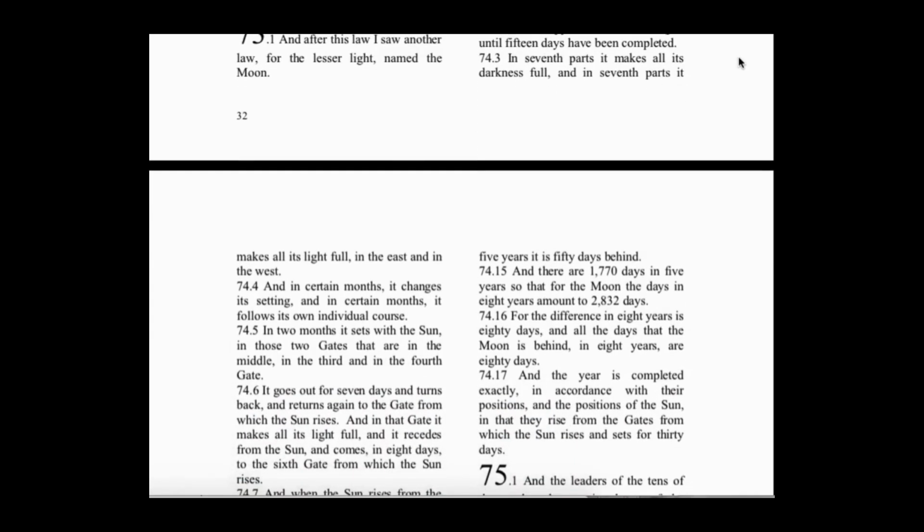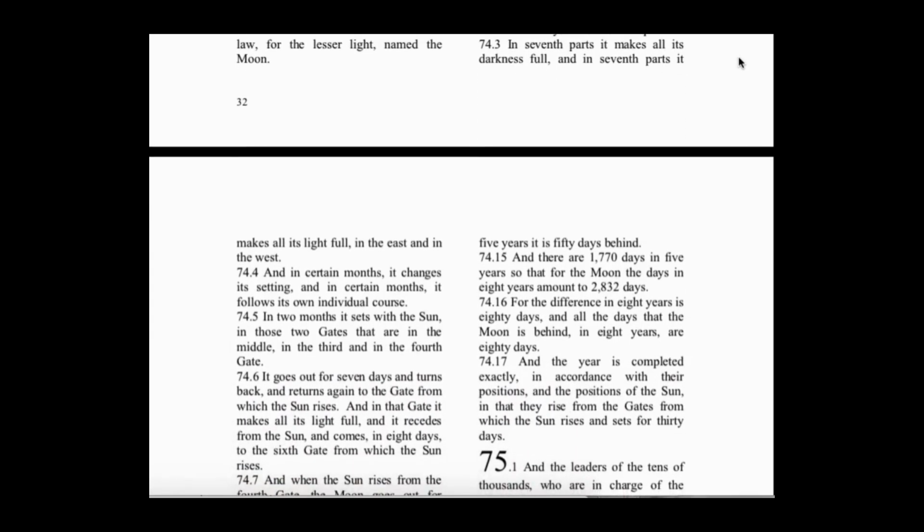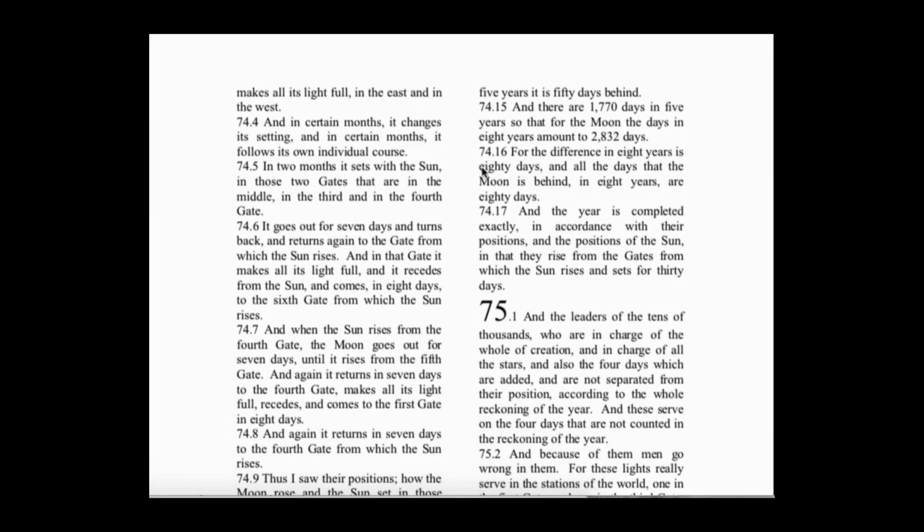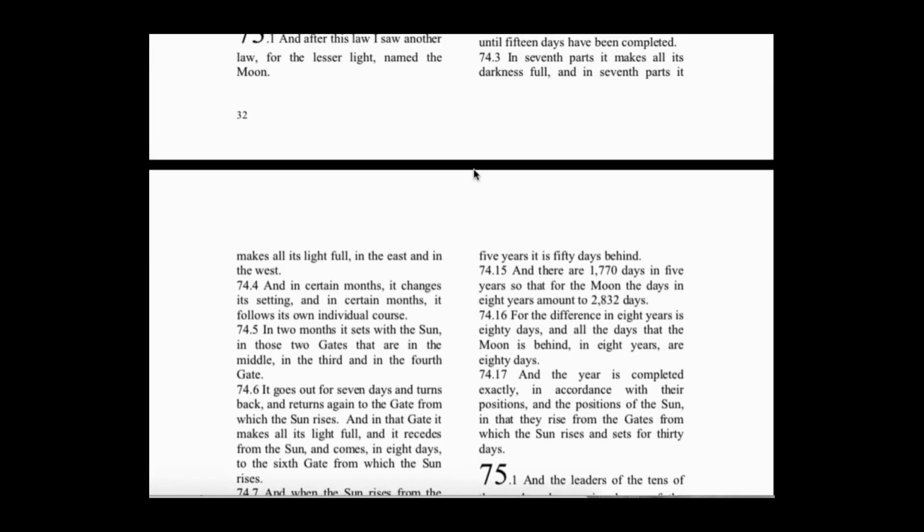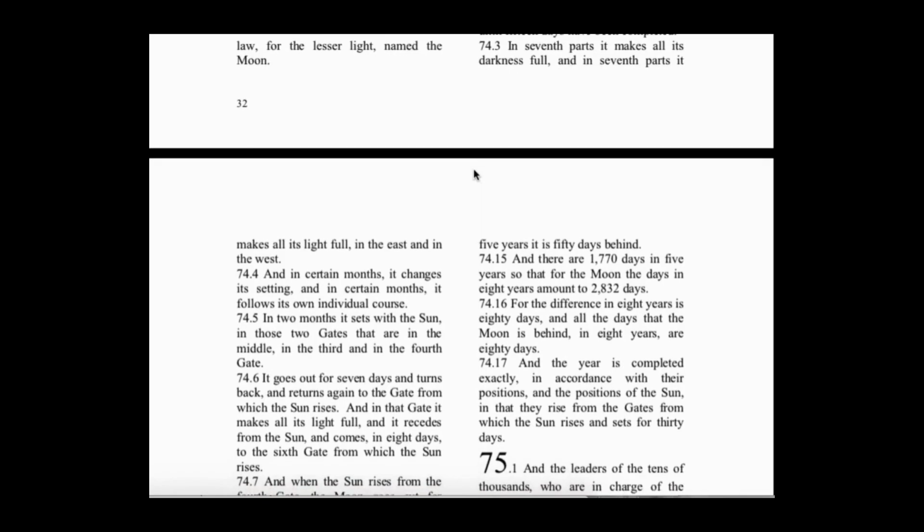In 7 parts, it makes all its darkness full, and in 7 parts, it makes all its light full, in the east and in the west. So it looks like they divided it into 7 parts when it's full darkness, and then 7 parts when it's full light. Okay.